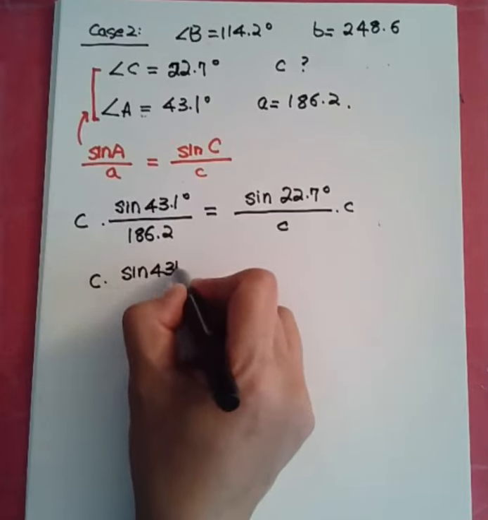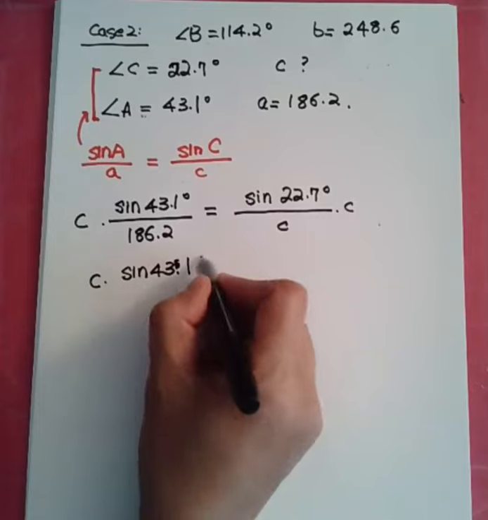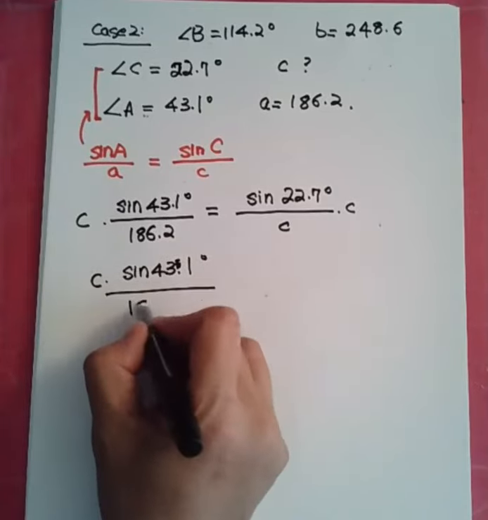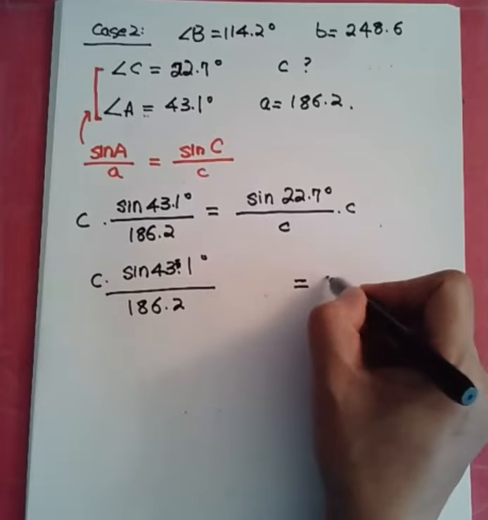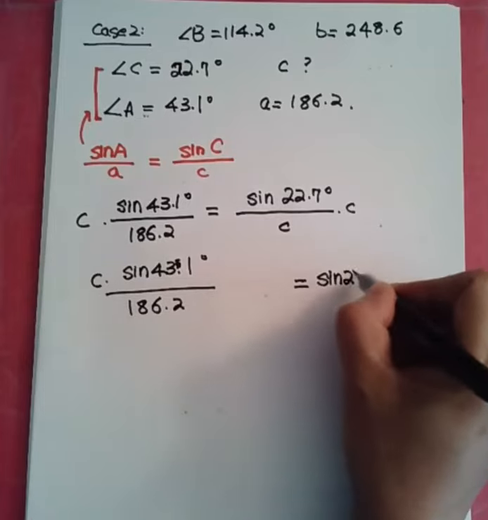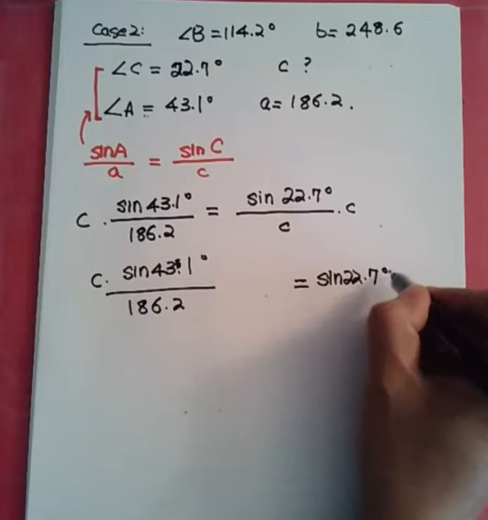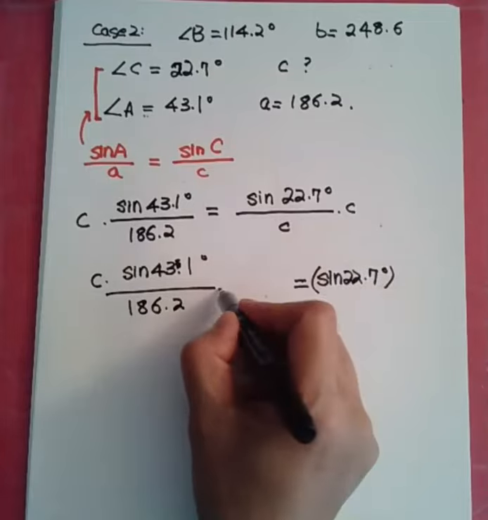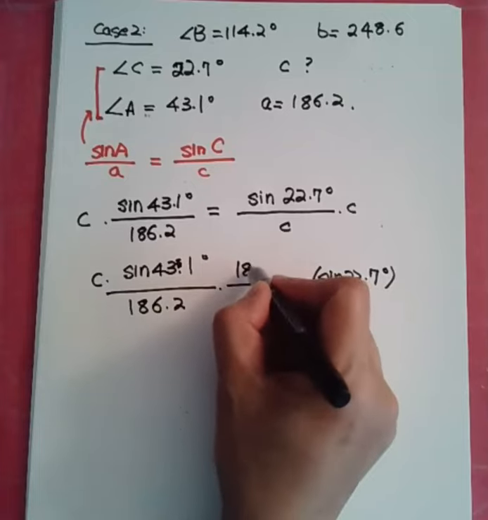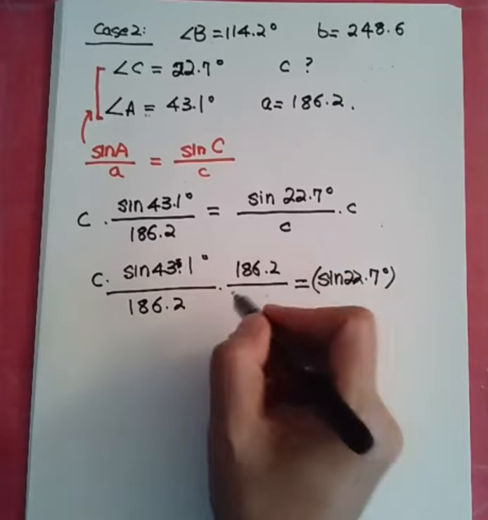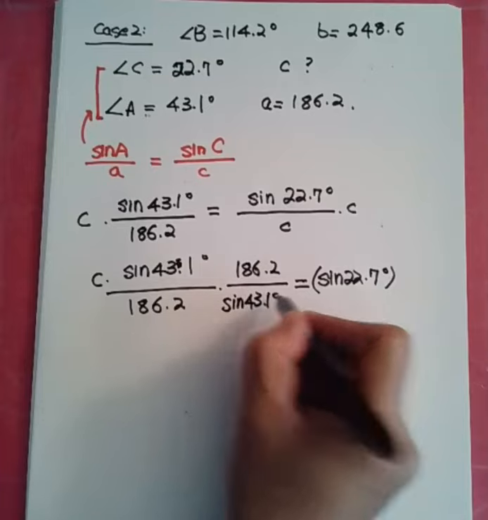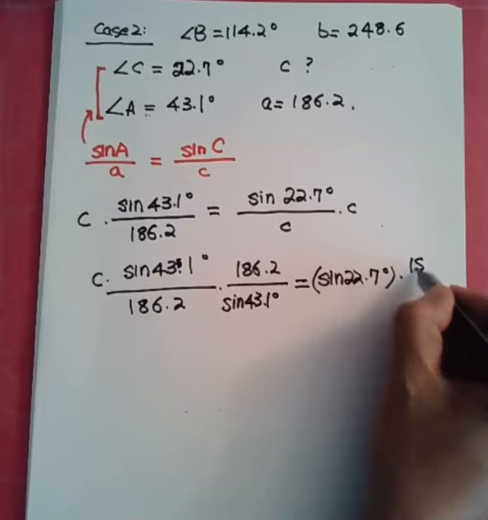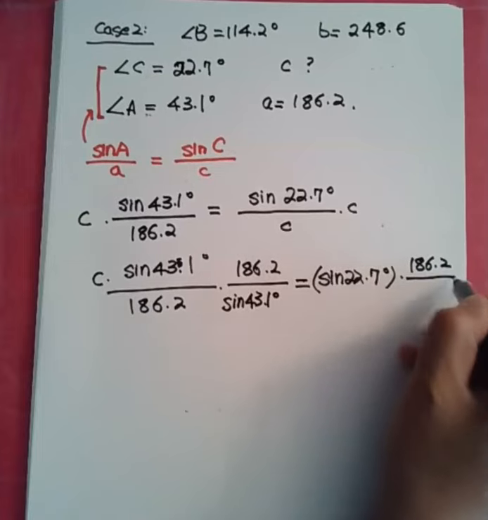C times sine 43.1 degree over 186.2 equals sine of 22.7 degree, and we multiply by the reciprocal 186.2 over sine of 43.1 degree, we do the same thing on both sides.